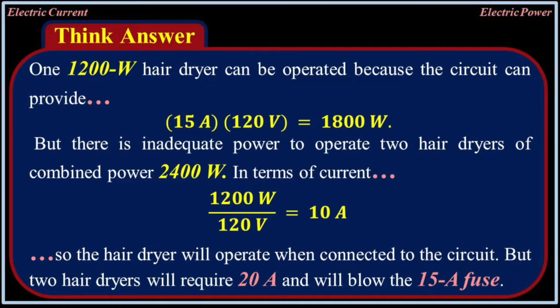But there is inadequate power to operate 2 hair dryers of a combined power of 2400 watts. In terms of the current, 1200 watts divided by 120 volts is 10 amps. So the hair dryer will operate when connected to the circuit, but 2 hair dryers will require 20 amps and will blow the 15 amp fuse.